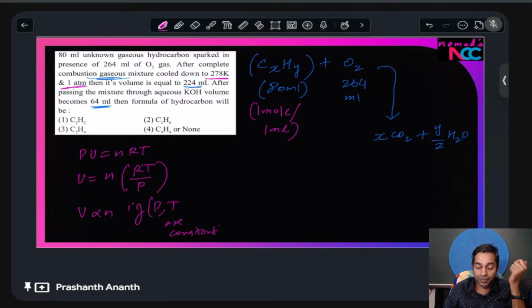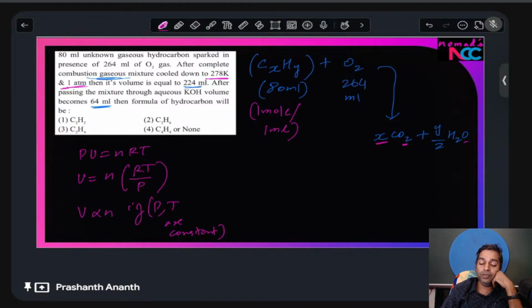For the full reaction mixture, if I'm going to be measuring all of them at the same conditions, then I'm going to have no problem. Instead of writing it as volume, I can think of it as number of moles also. So moles-wise, what is the balancing from the oxygen's perspective? We'll have x and 2 oxygens over here and 1 oxygen over here.